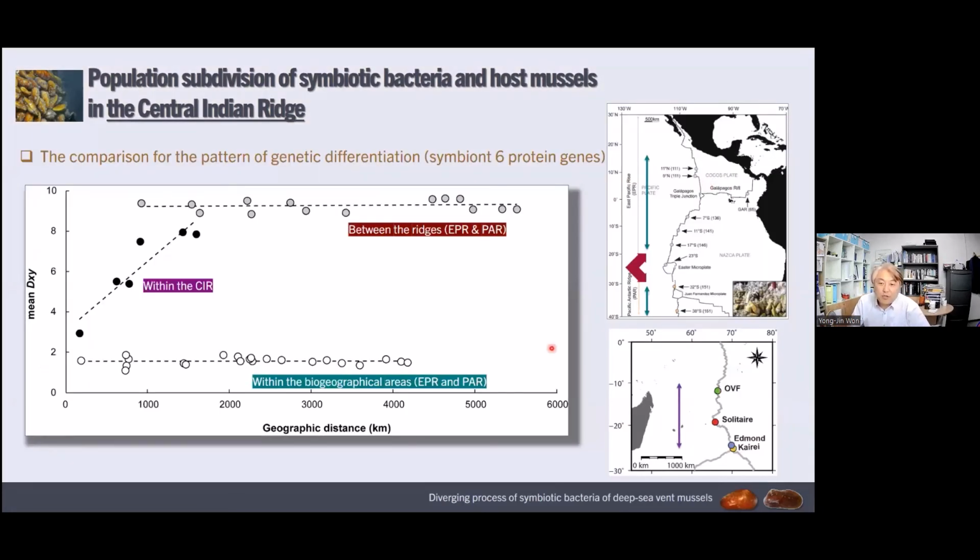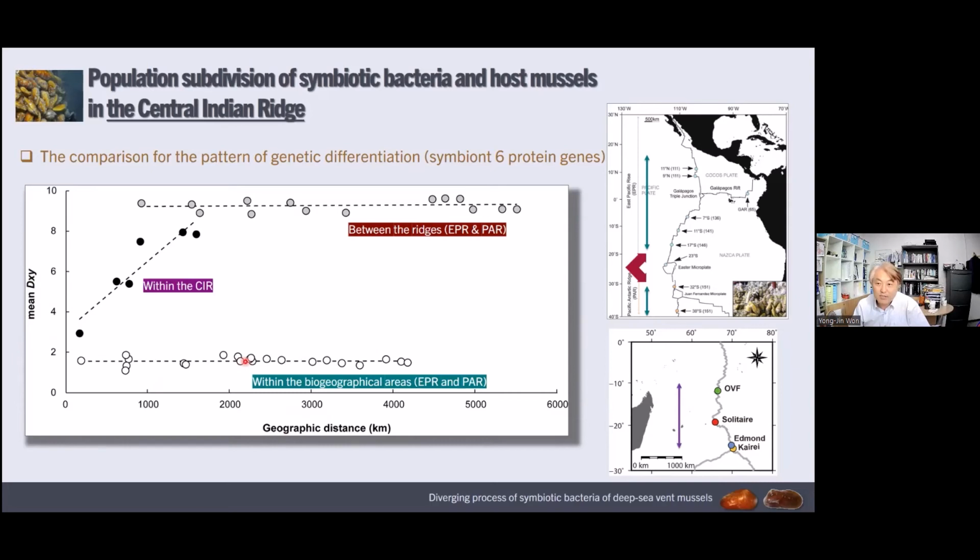First, we compare the genetic distance between vent sites and bacteria. We found three very interesting patterns here. This x axis represents geographic distance between vent sites, and the y-axis means mean genetic distance between bacterial genes.